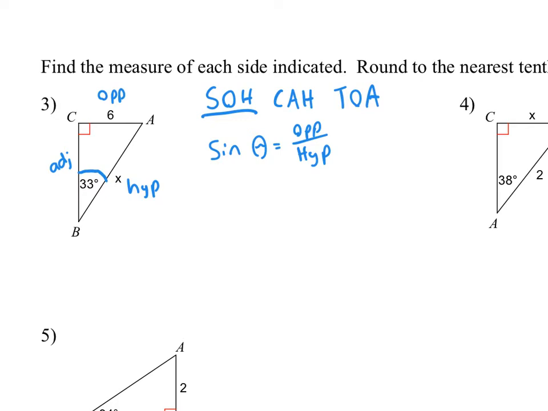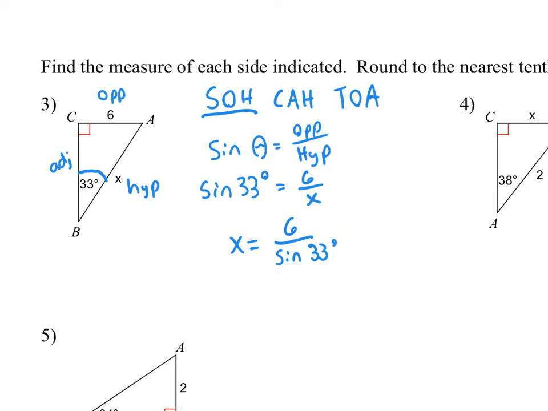And now we substitute all the values. We know the angle theta is actually 33 degrees. The opposite is 6. The hypotenuse is our x. All right, we want to isolate that variable. Since it's in the denominator, we're going to swap its location with the sine of 33. And if you have any sort of a decent calculator, you can put this all in at the same time.